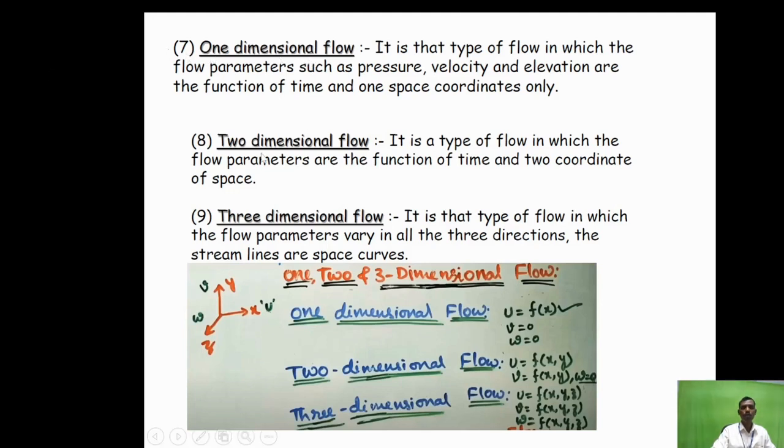One-dimensional flow, two-dimensional flow, and three-dimensional flow. For describing one-dimensional flow, we need only one coordinate. Here the x coordinate, the velocity is denoted u. In the y coordinate, the velocity is denoted v. In the z coordinate, the velocity is denoted w.